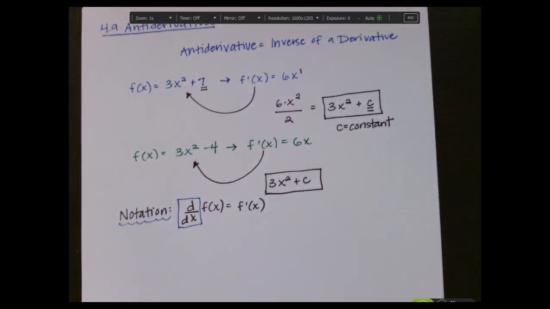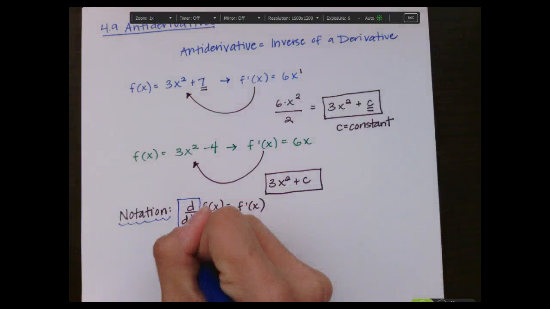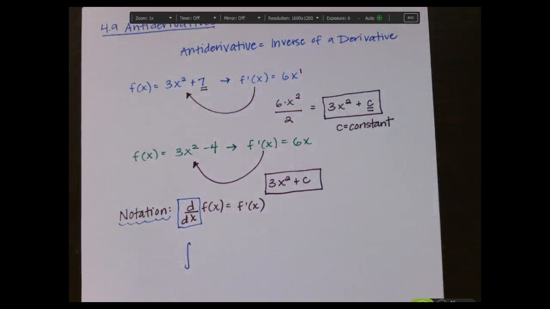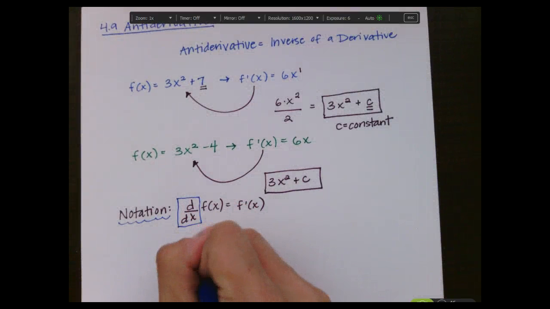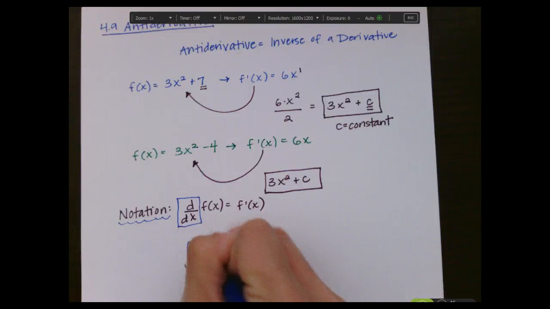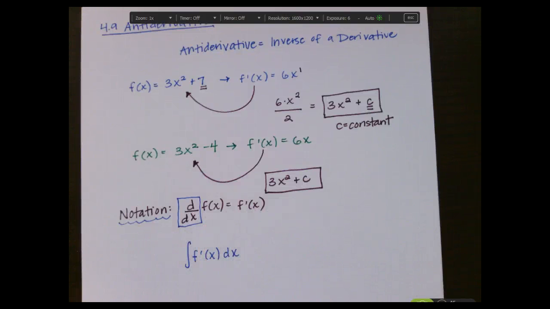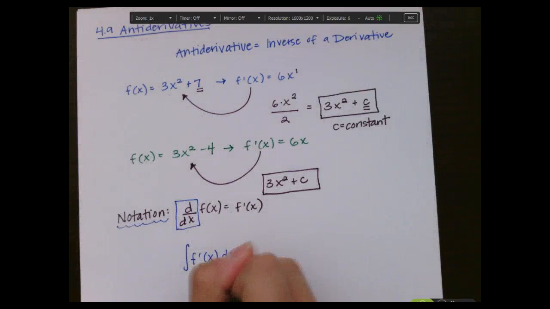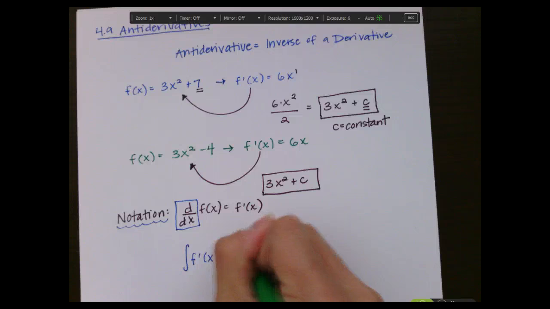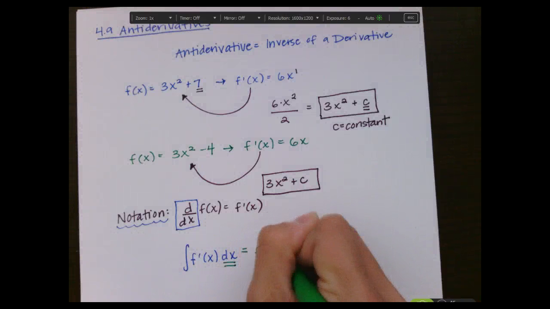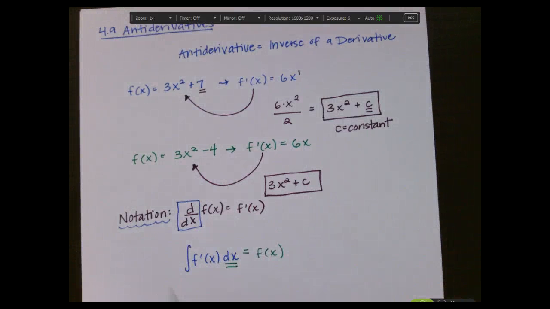And the antiderivative notation is this symbol right here. So if we took the antiderivative of f prime of x with respect to x, then we'd get back to our original function, f. So this is our notation here for antiderivative.